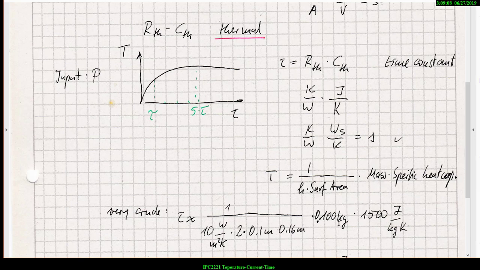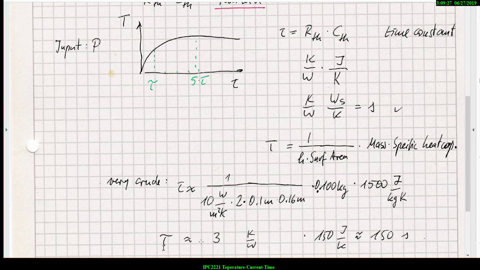And the mass, that's an estimate, say 100 gram, and the specific heat capacity estimated 1500 or 2000. That's a mix of copper and FR4. I don't know this in advance. The software will calculate it. By numbers, we get 3 Kelvin per watt, and this product is 150, and the total product is more or less 450 seconds. Sorry, this is a typo.